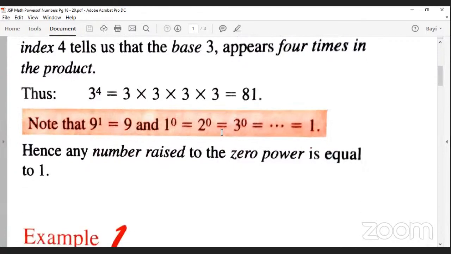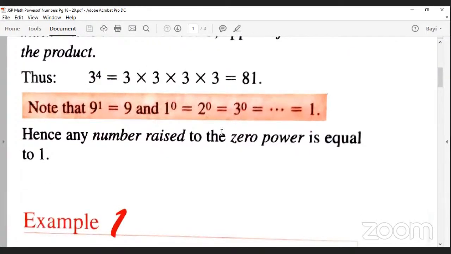Continue, Brother Nicholas. Note that 9 to the 1st power equals 9, and 1 to the 0 power equals 2 to the 0 power equals 3 to the 0 power equals 1.